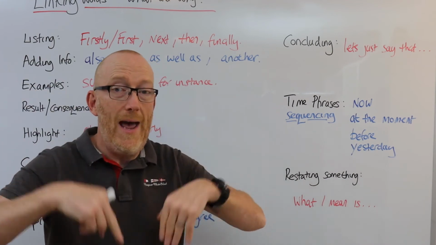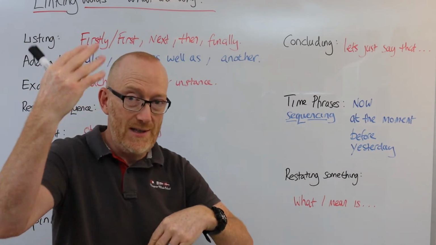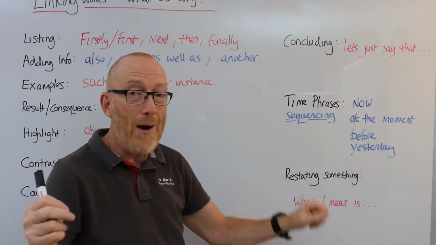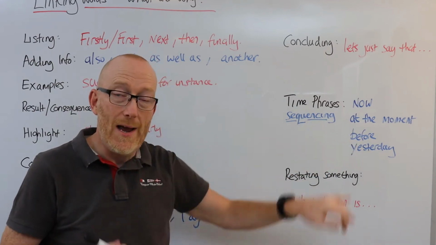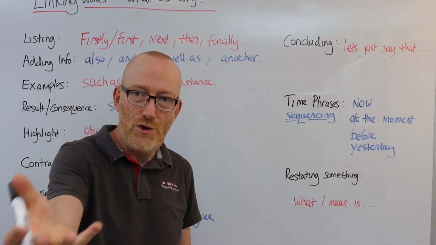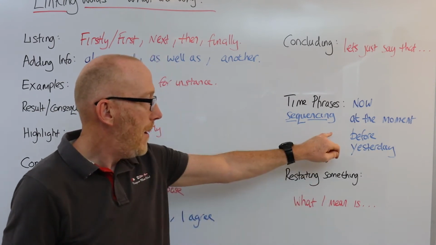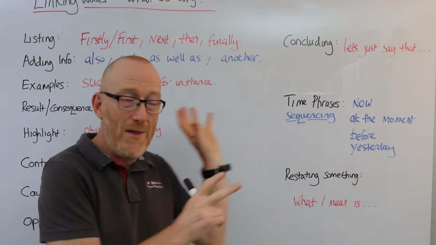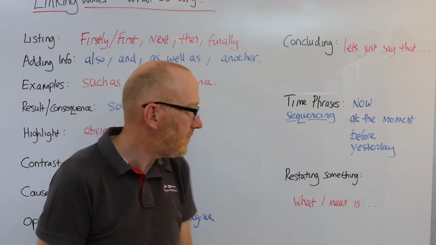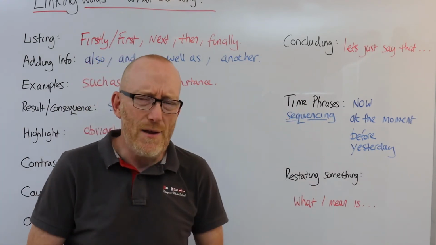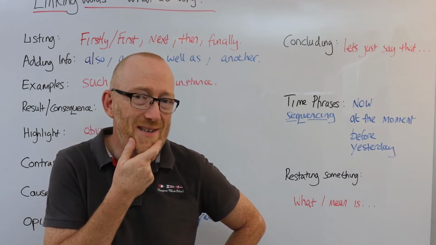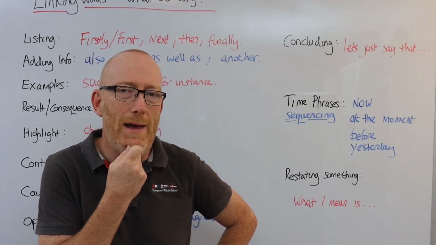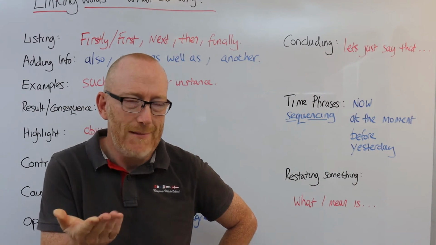Now is obviously now. Now I am teaching you how to use the word now. At the moment I am recording a video tutorial for you guys. Before I started I had to prepare the board and I had to turn the lights on. Yesterday I had to think about what I was going to say and plan my video tutorial. Yeah?